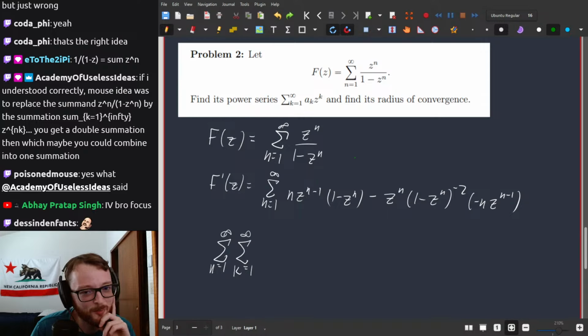I don't see how we get a double sum with this. It does feel like there should be a simple way of doing this. Like, we shouldn't have to do derivatives.